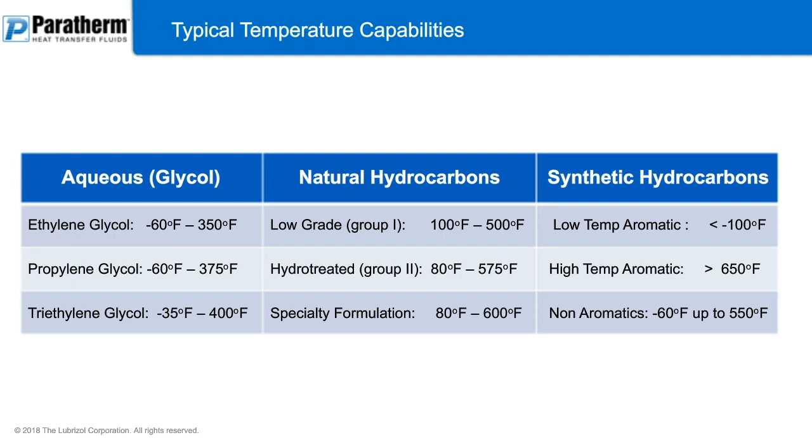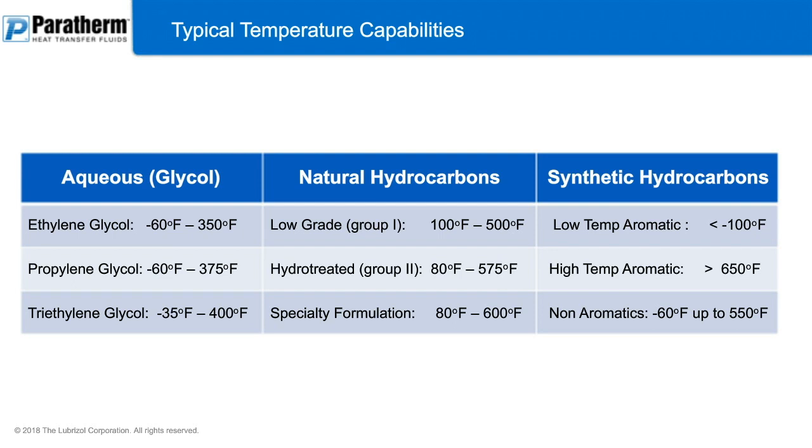So right off the bat, between natural hydrocarbons, mineral oils, and synthetic hydrocarbons or aromatics, you've got a clear-cut line of what you can choose from. Anything above 600 degrees Fahrenheit, or approaching right around that limit, you're going to need to start considering something in the synthetic hydrocarbon range.